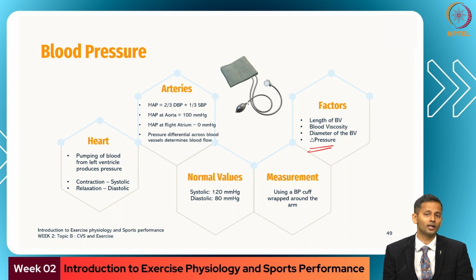And again, diameter is very simple. If the lumen increases in size, the pressure is going to be low, and if the lumen is constricted, vasoconstriction being the actual term, the vasoconstriction will cause a further increase in the blood pressure.